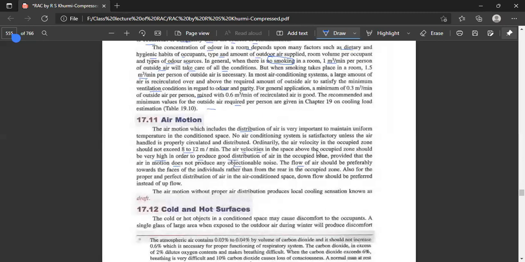The flow of air should preferably be towards the face of the individuals rather than from the rear in the occupied zone. And also, for perfect distribution of air in the air conditioned space, downflow should be preferred instead of upflow. So there are so many things we have to consider. The air velocities should be good.